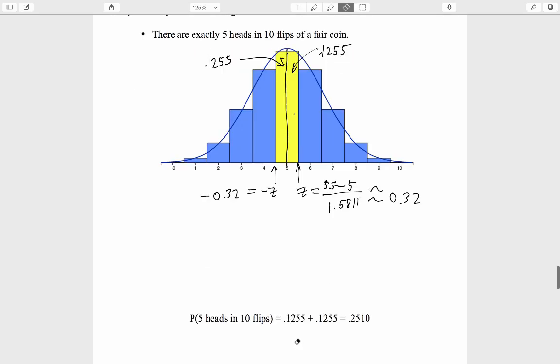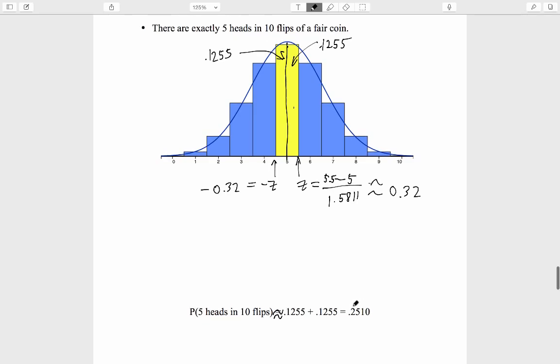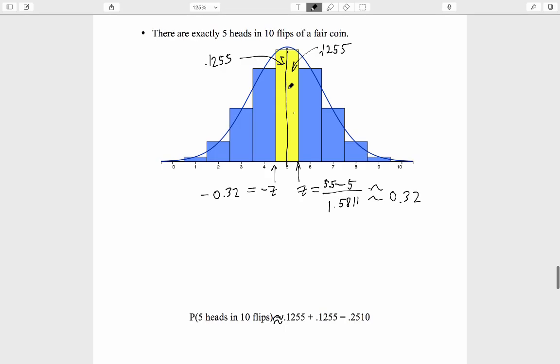Our conclusion? The probability of 5 heads in 10 flips is approximately equal to 0.1255 plus another 0.1255, which is 0.2510. That is just an approximation. We already know an exact way of finding the probability of the event in yellow here, but now we have another way of computing it approximately.